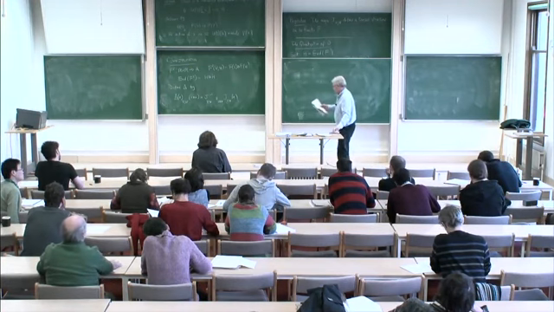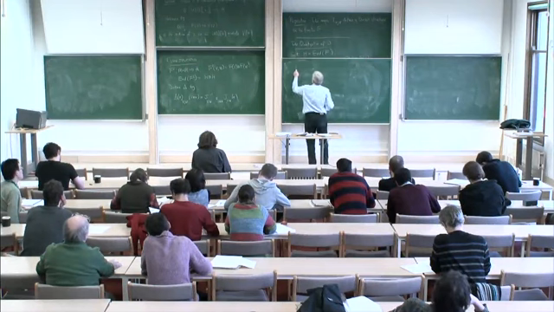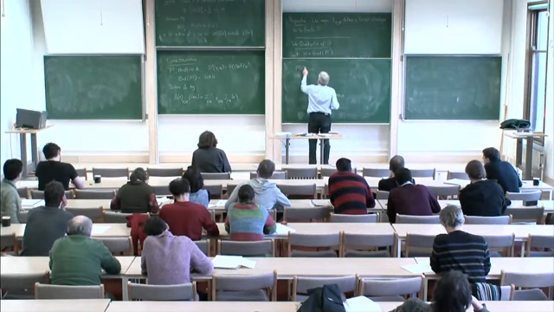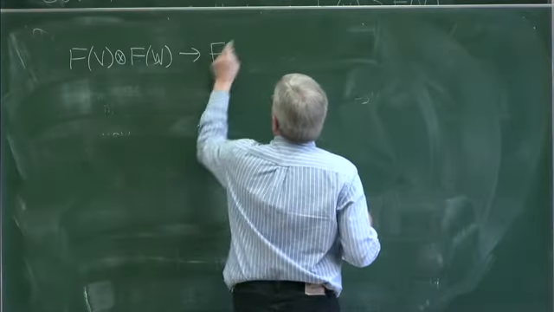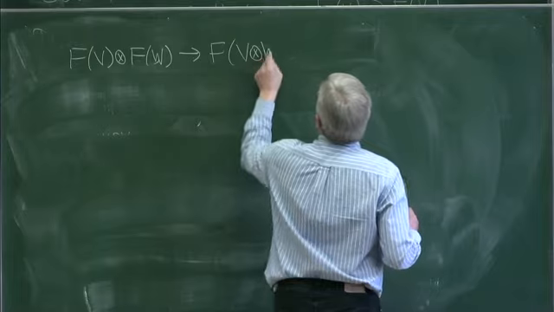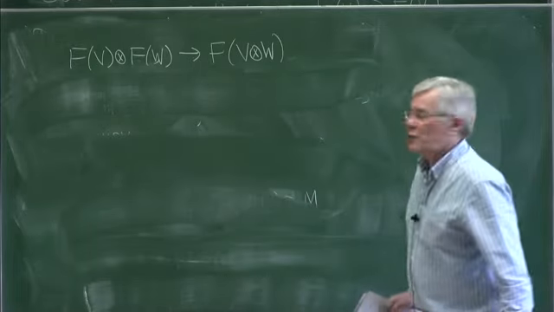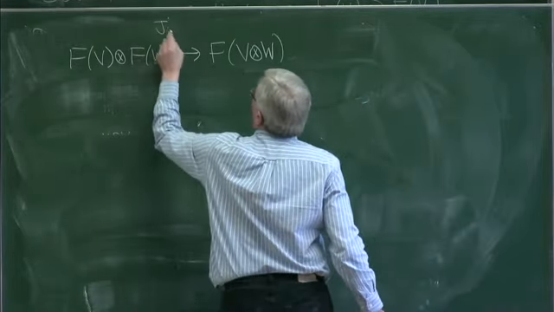It's just this thing, F V tensor F W. I've got an isomorphism with that with F of V tensor W. I should have just written it straight away like this. I've got an isomorphism with that with V tensor W.